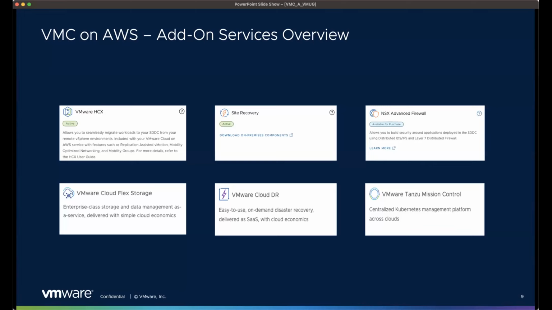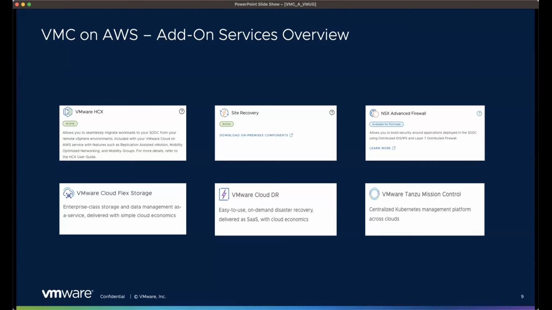VMware Cloud DR is our newest disaster recovery as a service product. It works a bit differently than Site Recovery because we use cloud storage to save those replicas or backups and recover those on demand once a disaster event occurs, right?